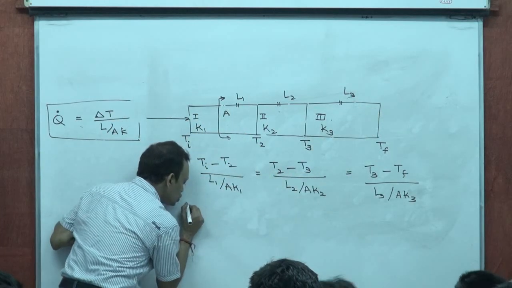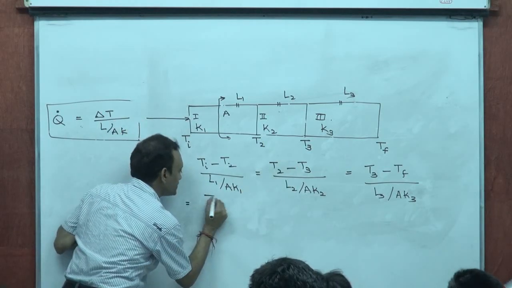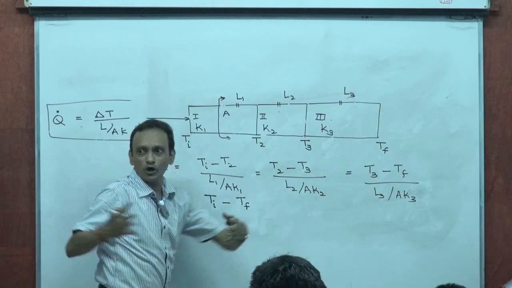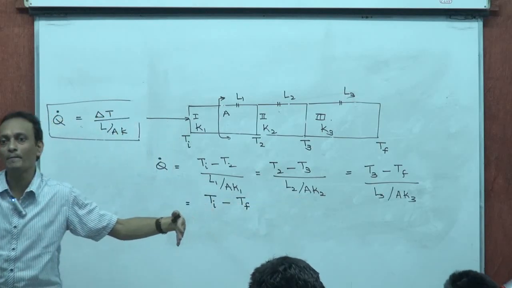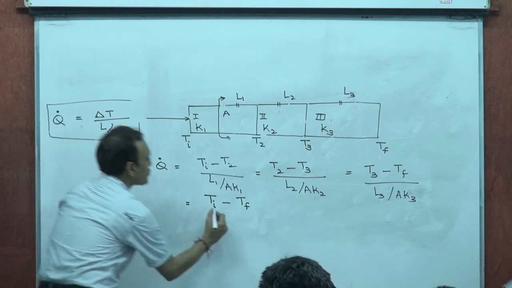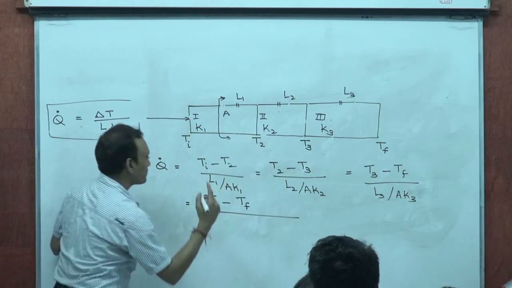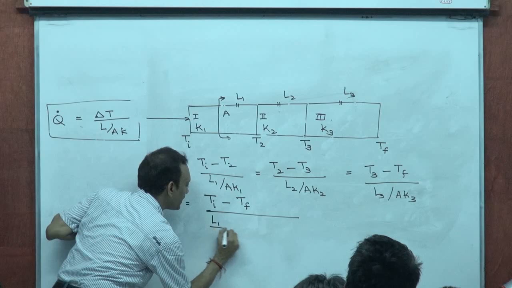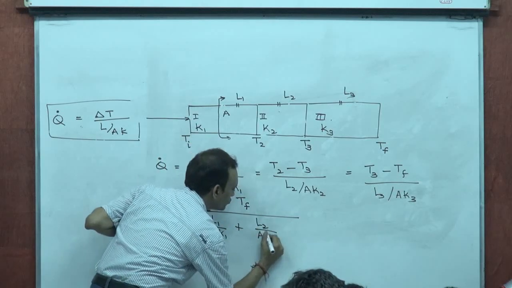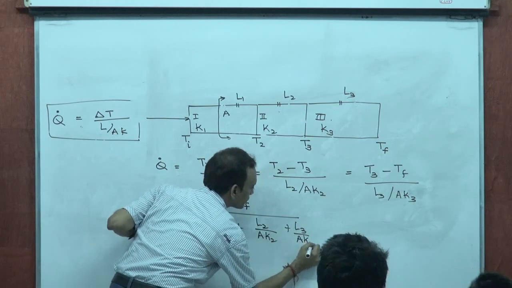Then the heat current is Ti minus Tf, the total potential difference across the composite slab, divided by the sum of the thermal resistances: L1 by AK1 plus L2 by AK2 plus L3 by AK3.